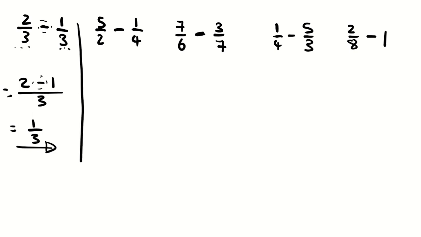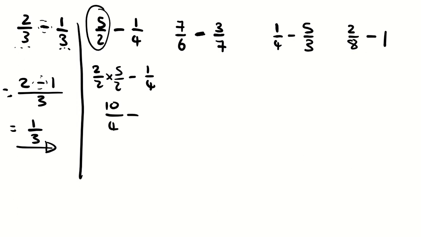Let's go to the second one. Here you have 5 over 2 minus 1 over 4, and the bases are not the same, but you can perform some manipulation here. You can change this such that it has a denominator that's equal to 4. And you can do that by multiplying by 2 over 2 on 5 over 2. 2 times 5 is going to be equal to 10. 2 times 2 is going to be equal to 4.